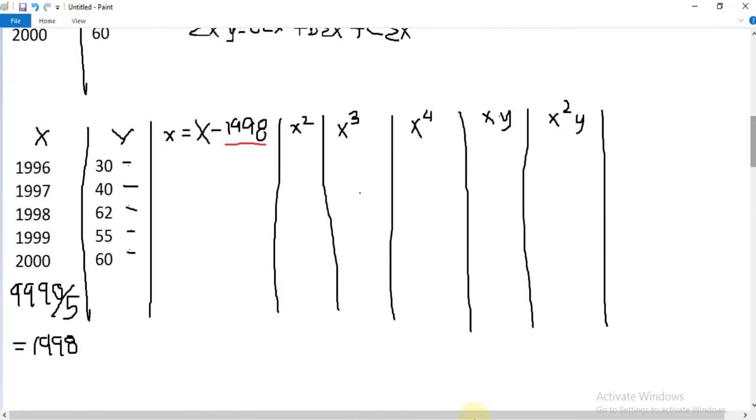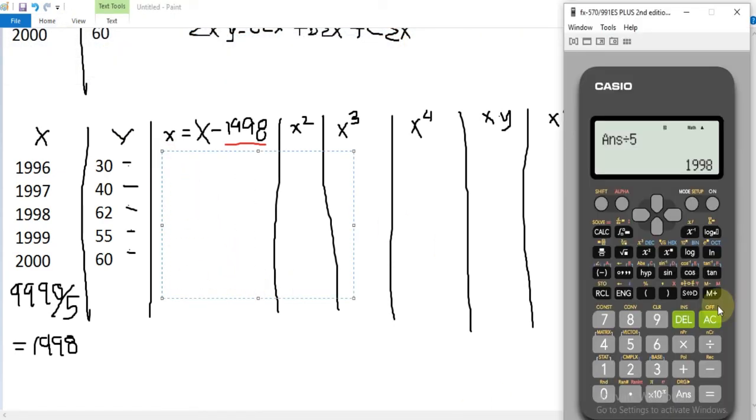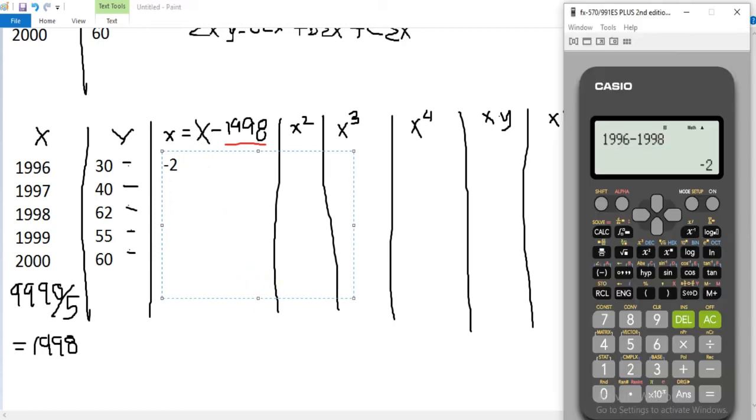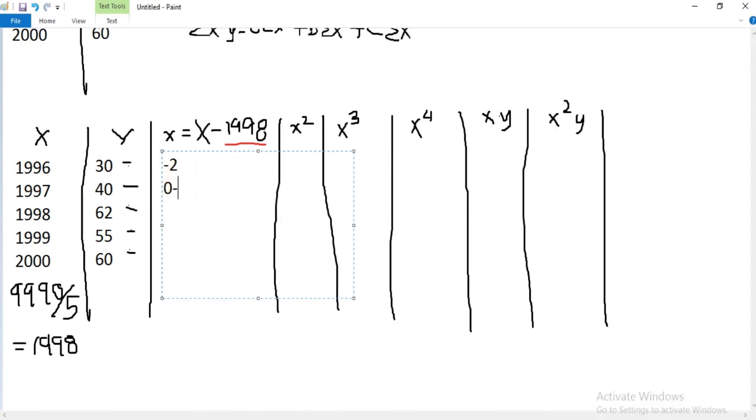So now, you input the values in each column. What is the first one? The first x: 1996 minus 1998 equals negative 2. Then 1997 minus 1998 is negative 1.